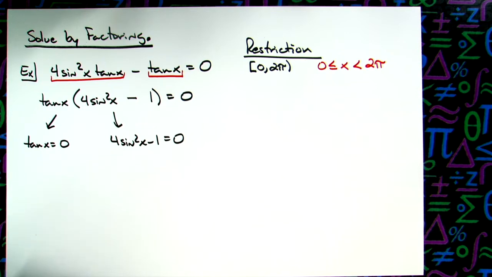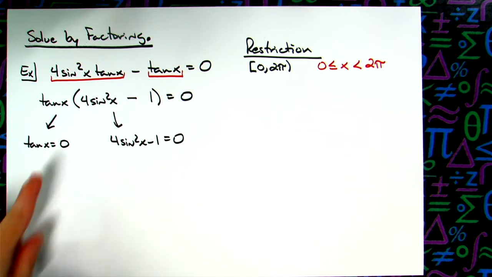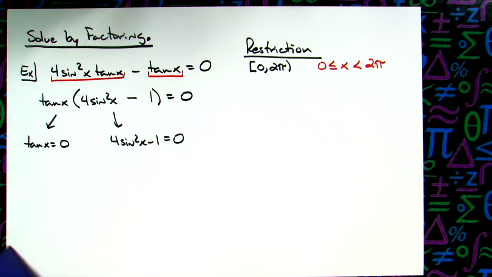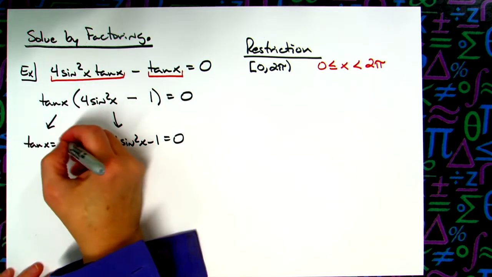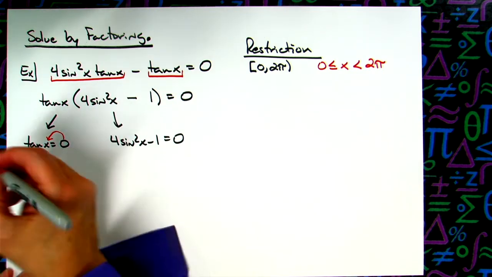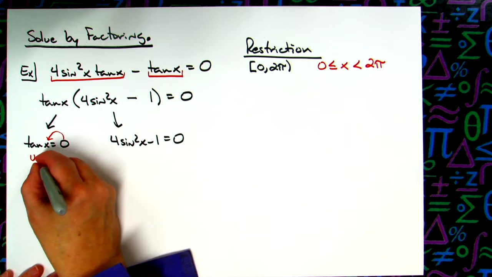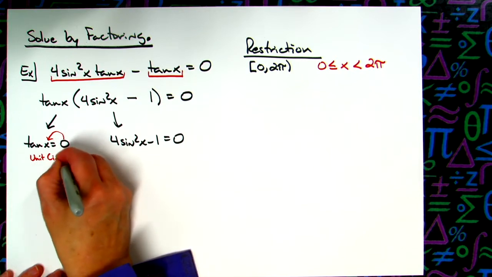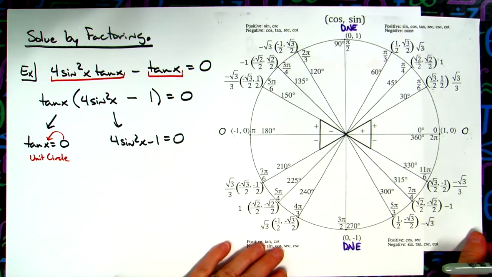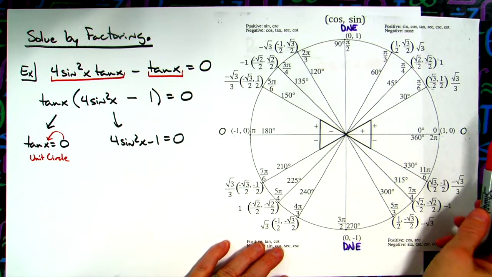So, all right, so this one, super easy, right? Because we're ready for our unit circle. What angle gives us a value of 0? I'm going to write unit circle underneath it so that we know we're looking at our unit circle. I'm going to pull my unit circle back up here. All right, so where is tangent 0?